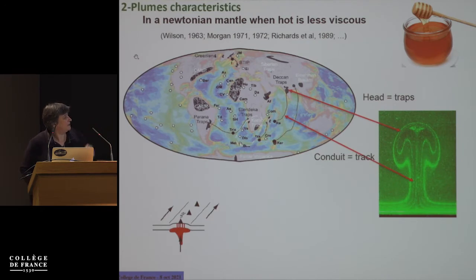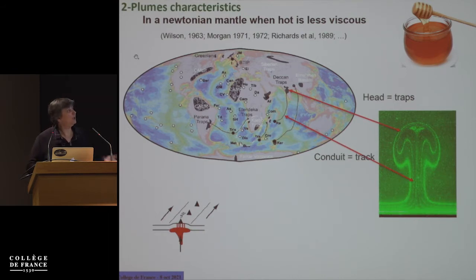Then if we focus now on those plumes, they're responsible for the hotspots, and the beauty of it is that a number of the long-lived hotspots start with a big event, the traps, and then you have a thin volcano track.